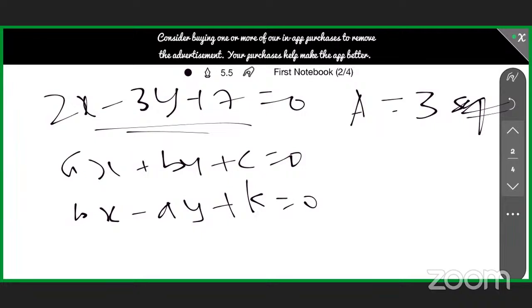Only the constant will change. For a perpendicular line, I taught you in the previous problem. Do you remember? Ax plus by plus c is equal to 0, then for perpendicular it will become bx minus ay plus some constant k is equal to 0. What we taught three or four times, you are forgetting. Just some five minutes before I taught it. At least you should have noted it down.